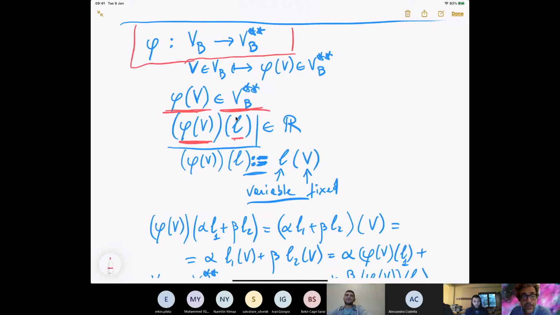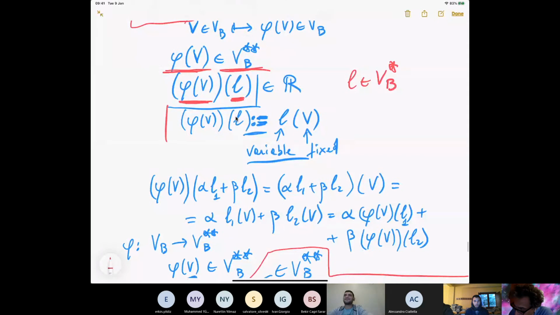So phi V, the image of the vector V under phi, must be applied to L to get a real number, where L belongs to V star. By definition, phi V applied to L is L applied to V.